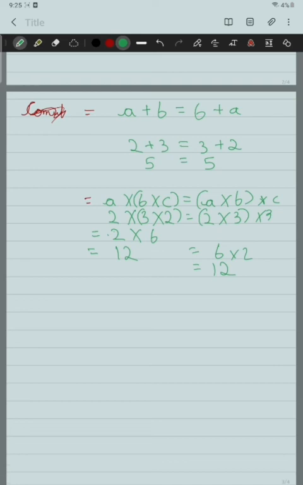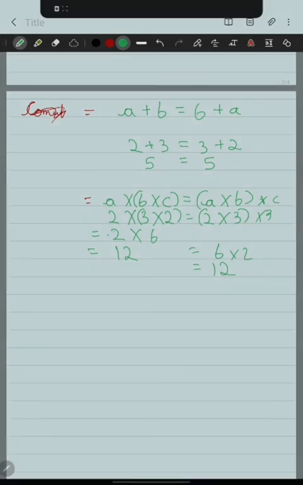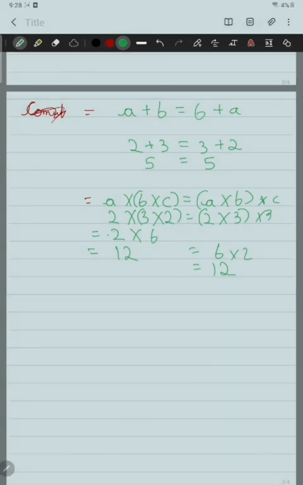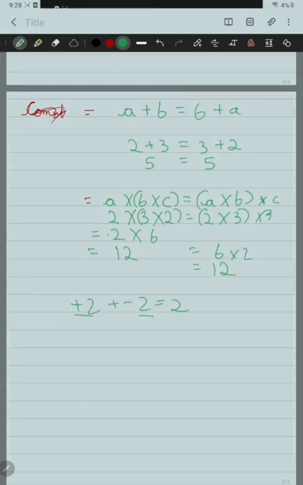Other is additive inverse. What is additive inverse? Additive inverses are the numbers which, on adding them, we get 0. For example, plus 2 plus minus 2 equals 0. Means the additive inverse of plus 2 is minus 2.